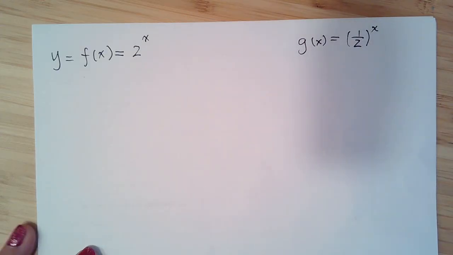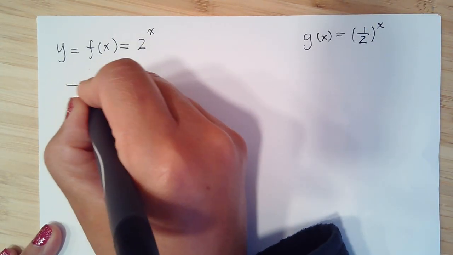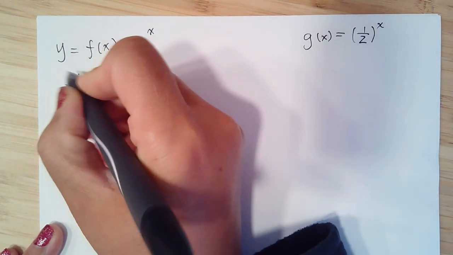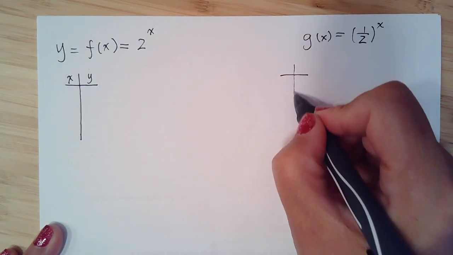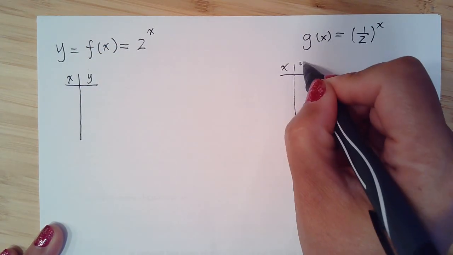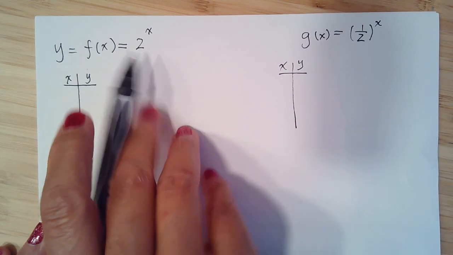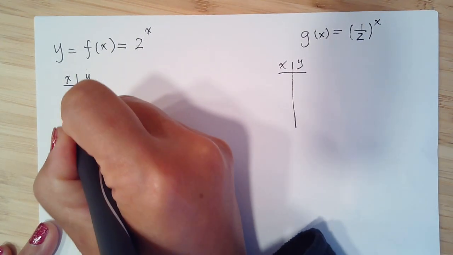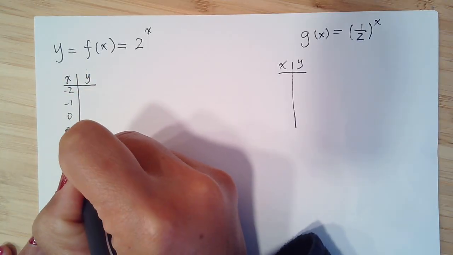Now, in order to graph this, you might need to use a calculator. What you need to do is choose x and get a y. Here, the same thing: you choose some x and you get some y. Remember the domain is all real numbers, so we can pick anything. So we can pick 0, -1, -2, positive 1, positive 2.